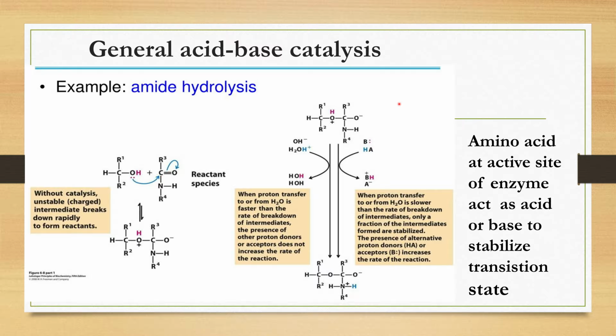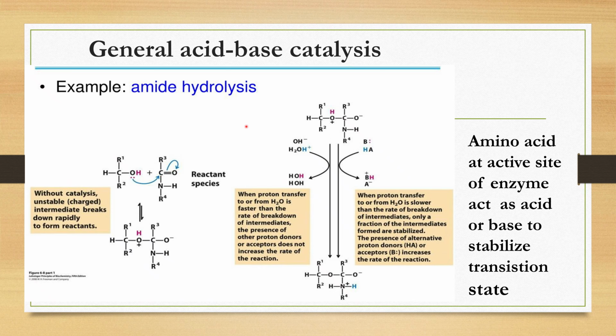In the active site you have different amino acids. These amino acids act either as acid or base, that is, they accept or donate protons based on the pH and microenvironment to stabilize your transition state. Once your transition state is stabilized, it can later be broken down to your product.